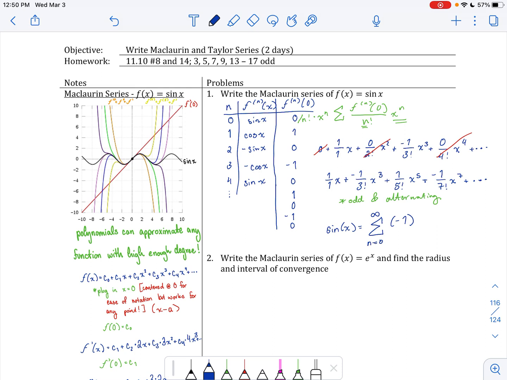Since we start at 0, we start with a positive. If we want to start with a positive, we can just say n in this case. If we want to start with a negative, we would say n plus 1. And the way that we write odd numbers for our factorial is we say 2n plus 1, because 2n are our even numbers, and 2n plus 1 are our odds, and those match up with the powers, so x to the 2n plus 1. And this would be the Maclaurin series for sine.